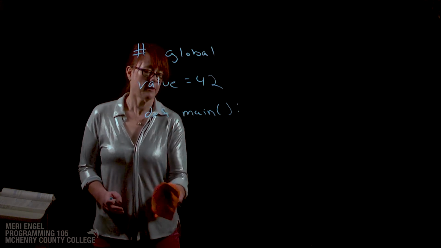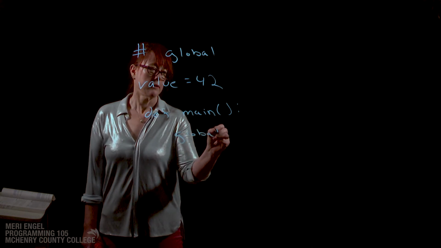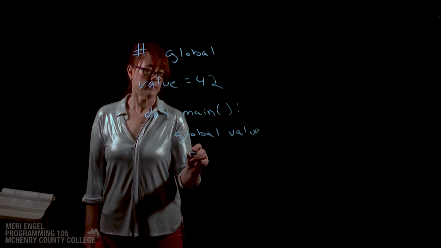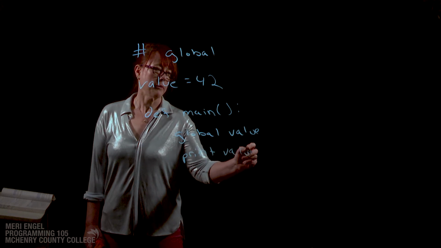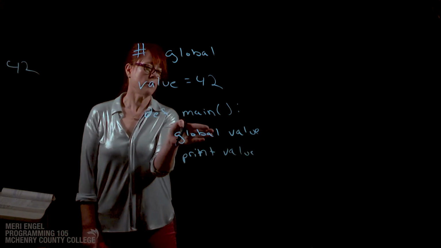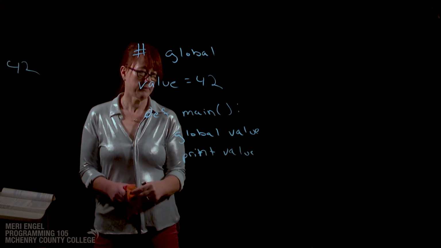So we would declare that we're using the global value. And then we would print value, and what we would get as a result of that would be 42. If we didn't have global in front of it, it would be like an undeclared variable. It would have garbage. You have no idea what you'd get.